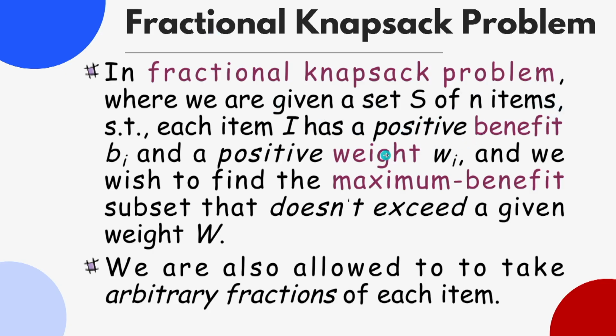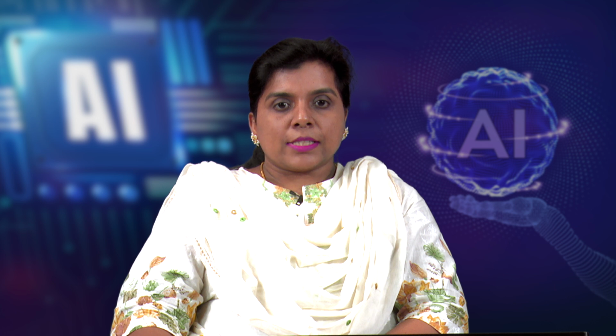So, in the fractional knapsack problem, we have a set of items, each having a benefit and a weight associated with it, and we want to maximize the benefit in such a way that we do not exceed the total weight of the knapsack. This is the objective function that we set up.